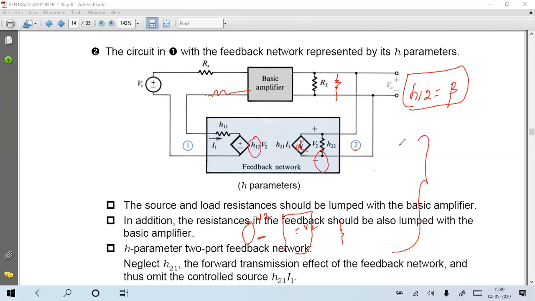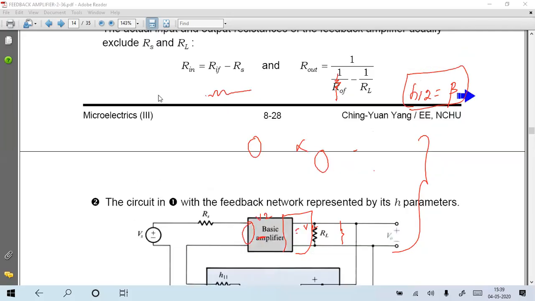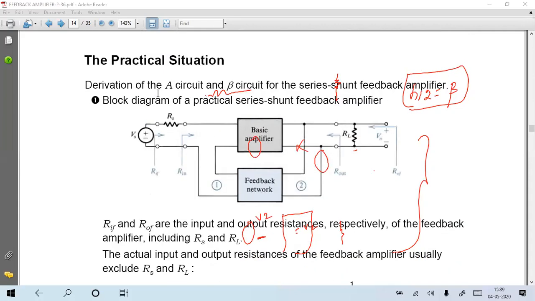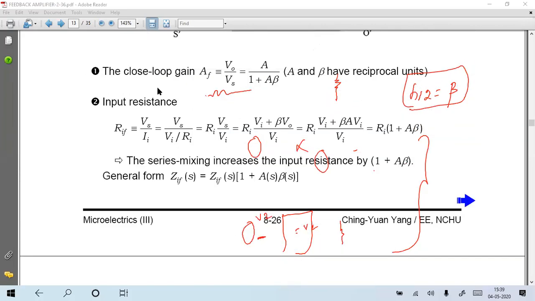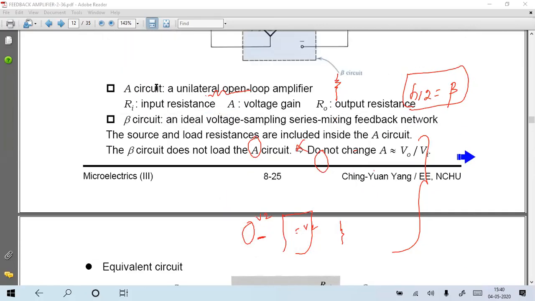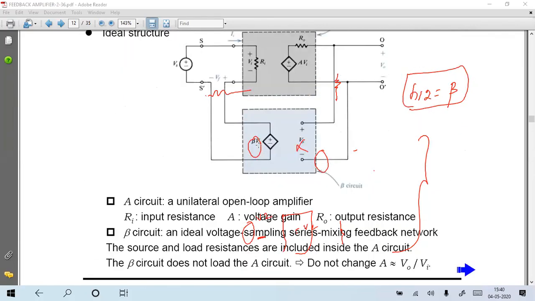What is there? Compared with the ideal case, if you see the ideal case, beta is there. So beta is nothing but H12. How can we calculate H12?